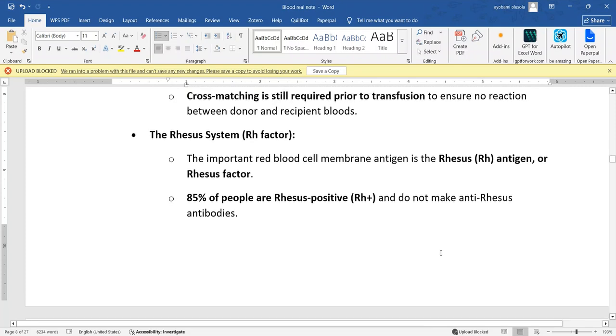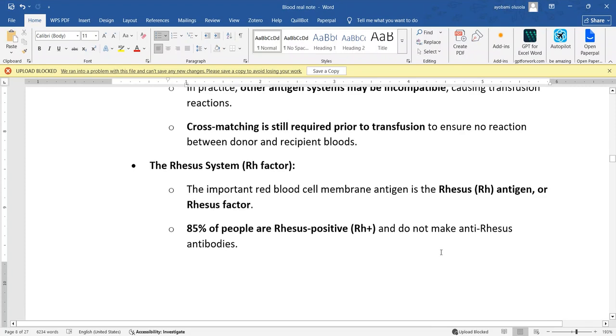Another thing is the rhesus factor. When you have the rhesus antigen, you are said to be rhesus positive. If you don't have the rhesus antigen, you are rhesus negative. That's why we say O negative are universal donors, because the blood does not have A or B antigen, and it also does not have the rhesus antigen.